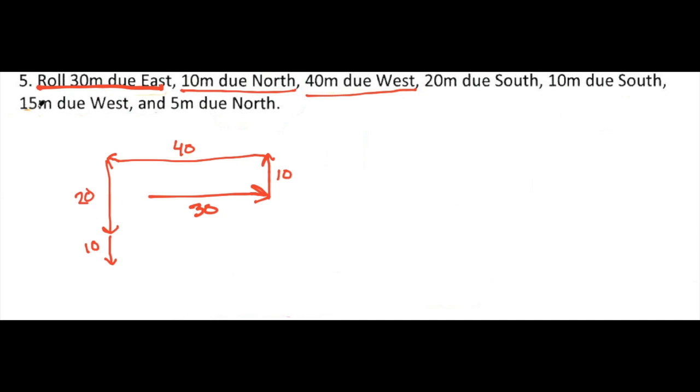Then we're going 15 meters due west, so out that way. And then another 5 meters due north, so up there. And see, this is 10, this is 5, but I didn't draw it perfectly to scale, so that's okay.